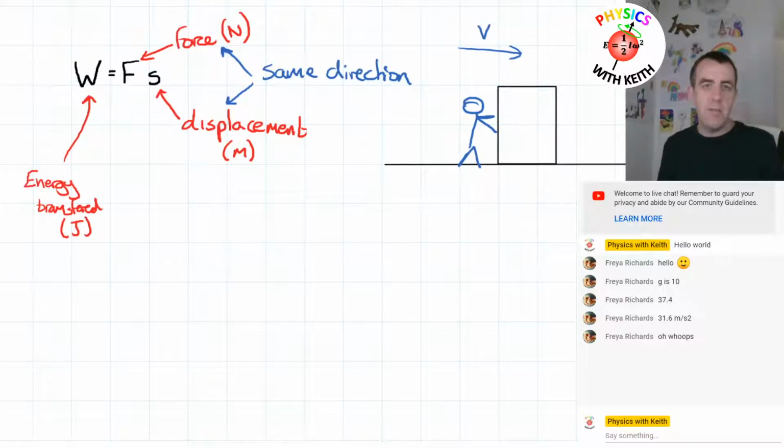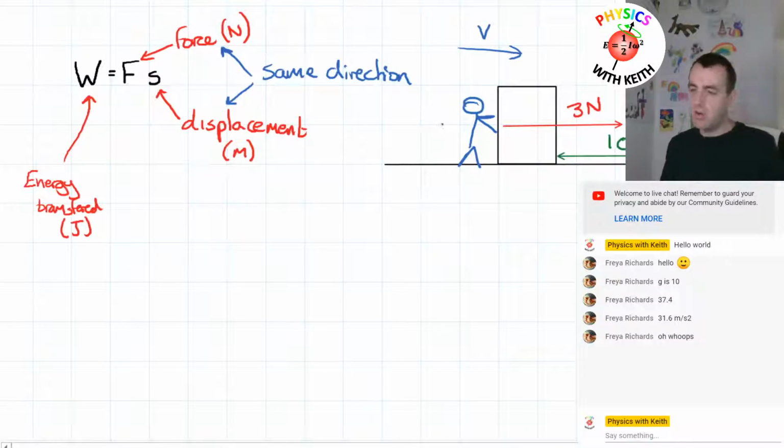And if I push that box a distance, let's say 10 meters, and in order to push that box 10 meters, I am applying a force in those 10 meters of, let's say, 3 newtons, then because I'm going at a constant speed, I'm not actually increasing the amount of kinetic energy in the box.